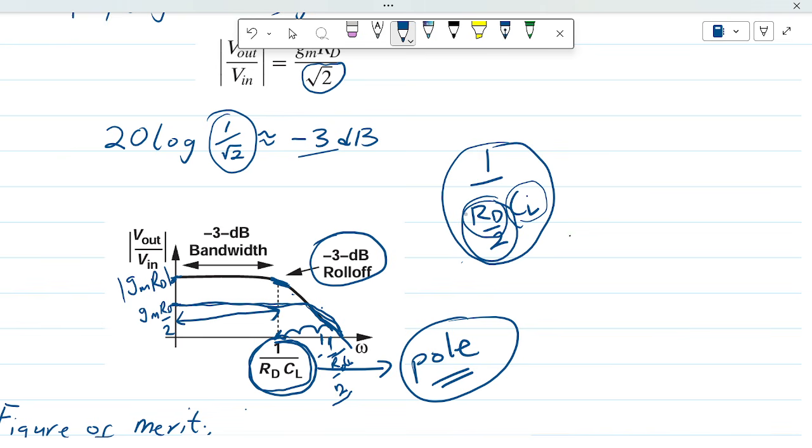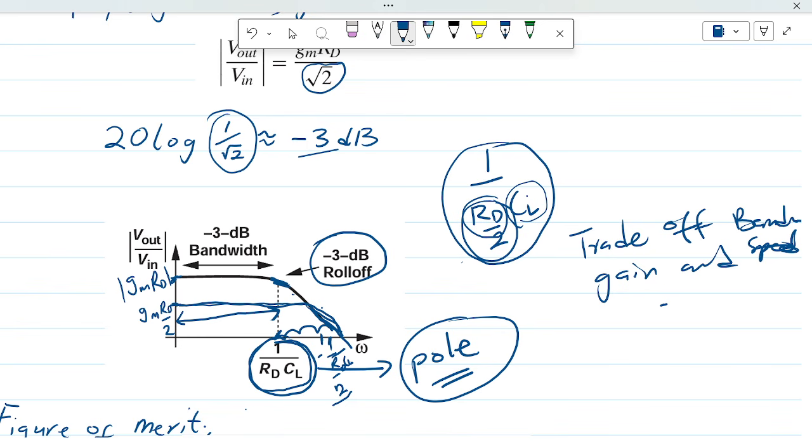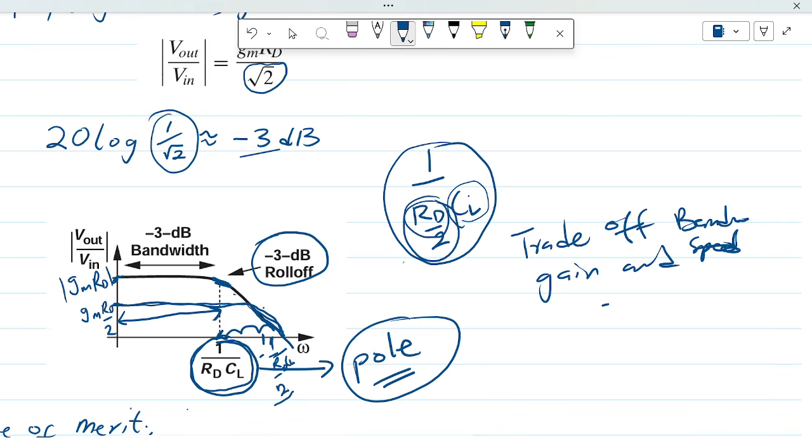So that tells us there's a trade-off between the gain and the speed of the circuit, or bandwidth of the system. Okay, what if I tried to increase the gain after reducing the RD by increasing ID?